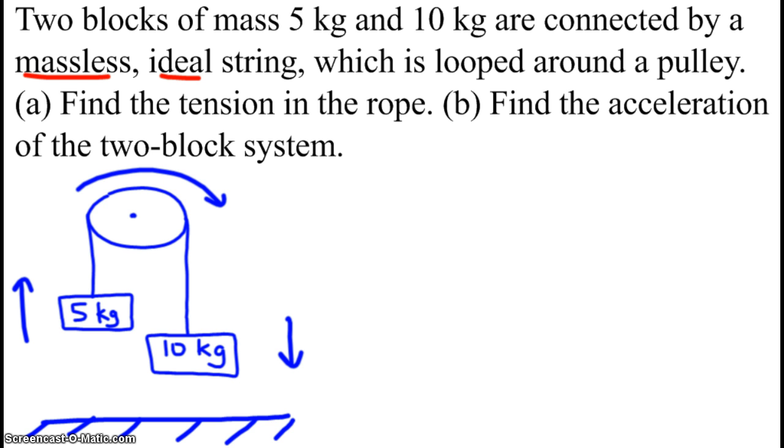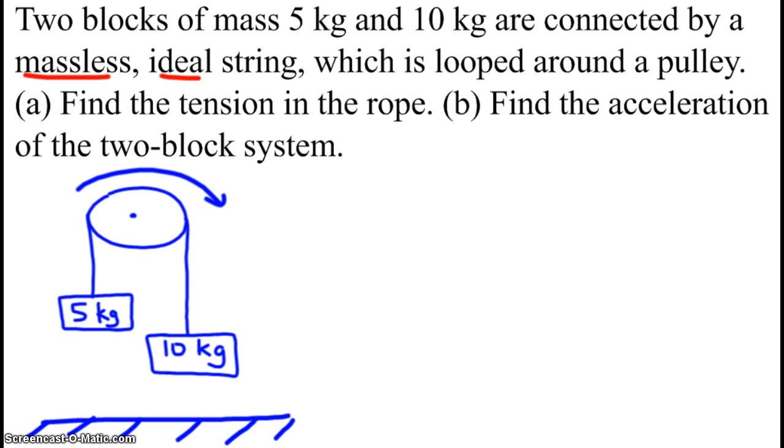As these blocks move, they do not move at a constant velocity. In fact, they are going to accelerate. As the 5 kilogram block goes up, it will speed up, and as the 10 kilogram block goes down, it's going to speed up as it goes down. That's what we mean by acceleration. The velocity is changing.